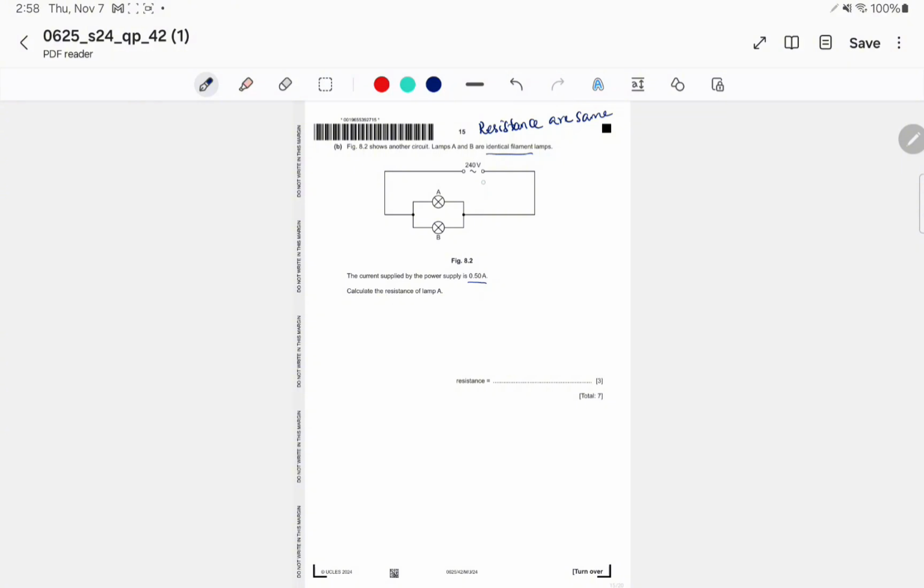Voltage has been given, V is equal to IR, our known formula. So we have to find that for two bulbs. At A only they are asking. So RA, for lamp A, is VA divided by IA. When the voltage flows, it's 240 all the way, it is equally 240 only. This won't be changing.